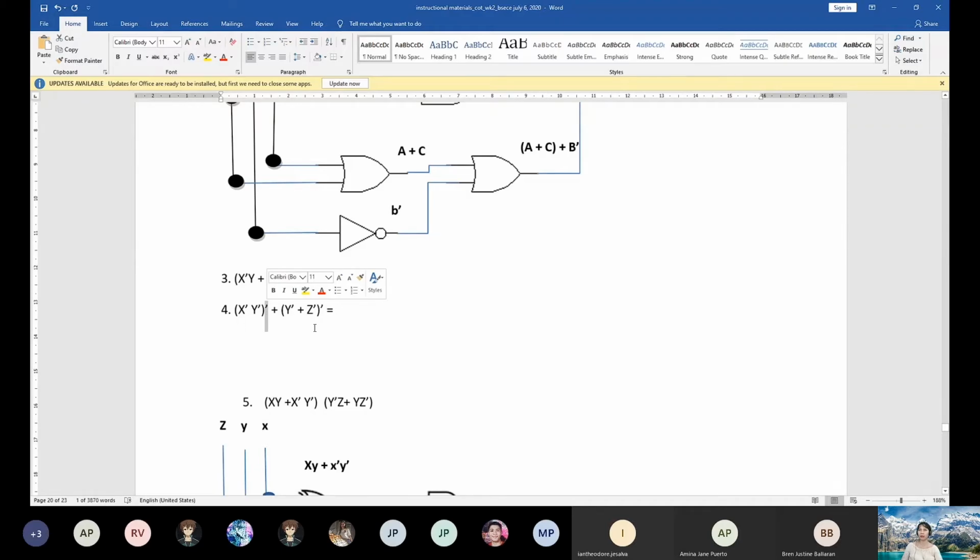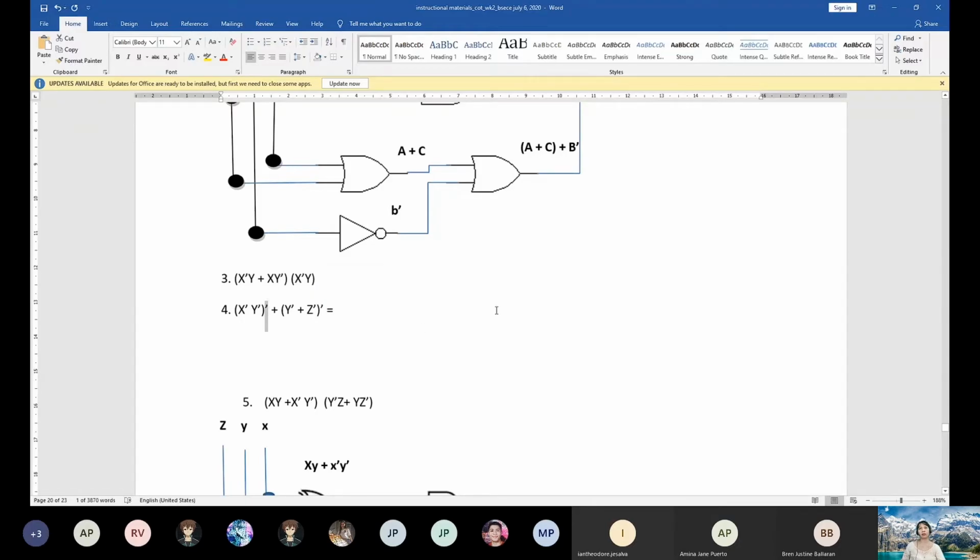So what is x times y? Class, what gate do we use for xy? AND gate. Then after the AND gate, we have an inverter.